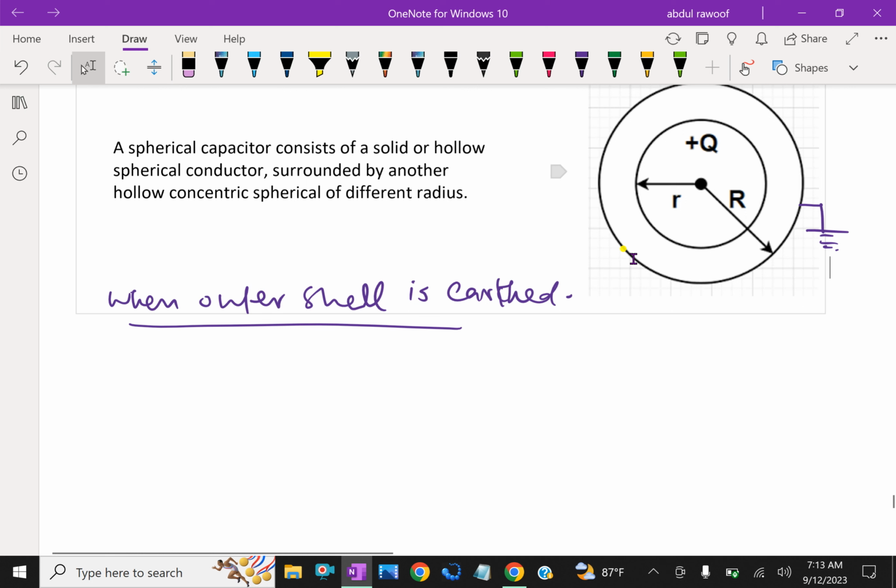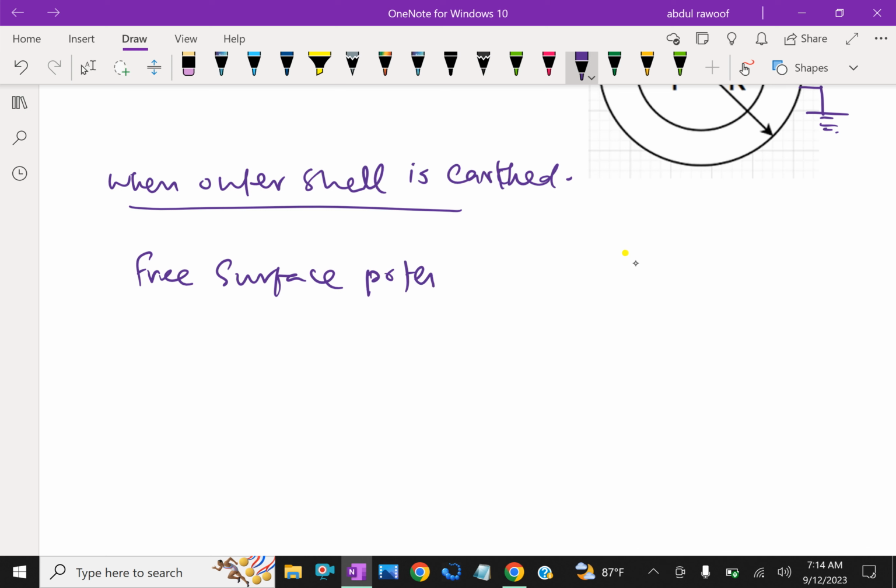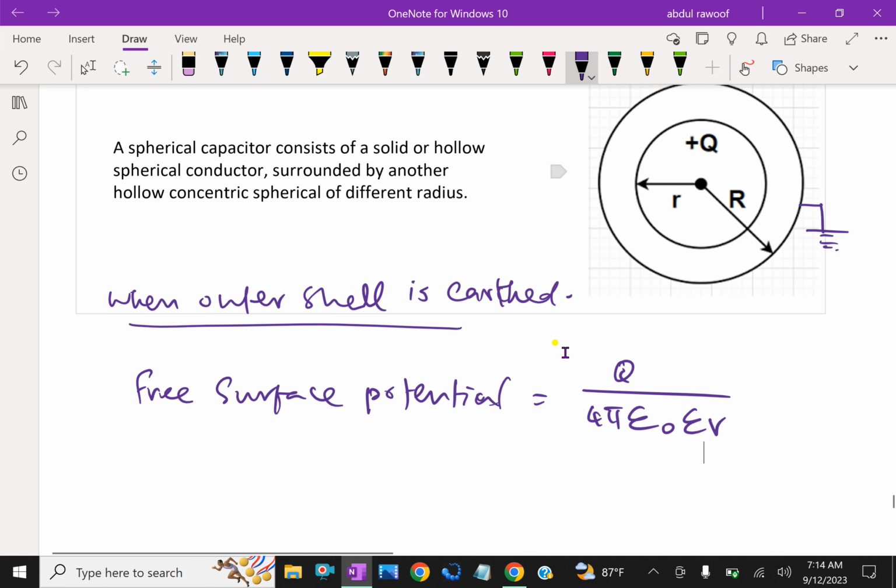Then the free surface potential of the inner sphere due to its own charge is equal to Q over 4 pi epsilon 0 epsilon R into r, because r is the radius of the inner sphere.